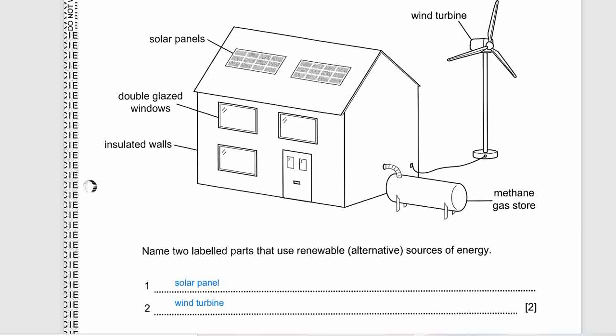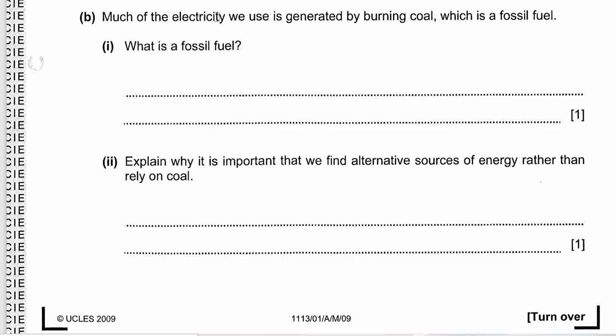Next, let's move on. Question B. Much of the electricity we use is generated by burning coal, which is a fossil fuel. What is a fossil fuel? Question B, part 2. Explain why it is important that we find alternative sources of energy rather than rely on coal.